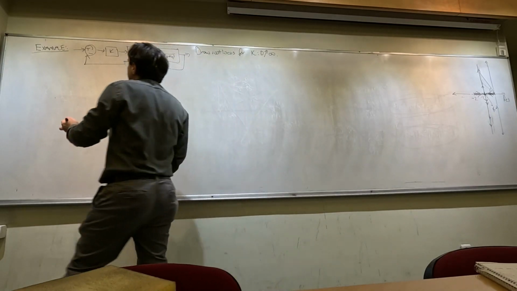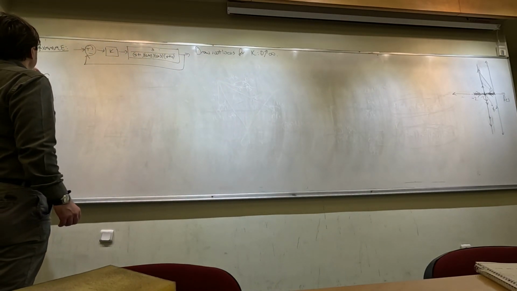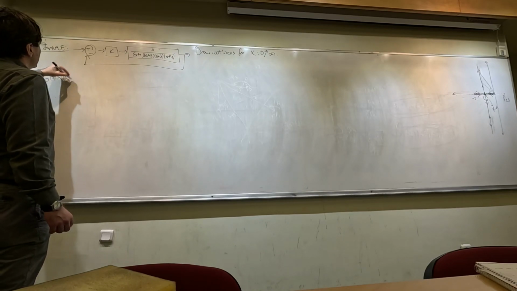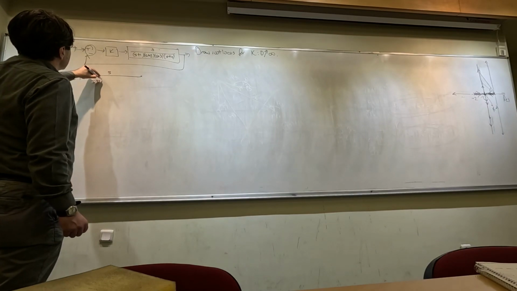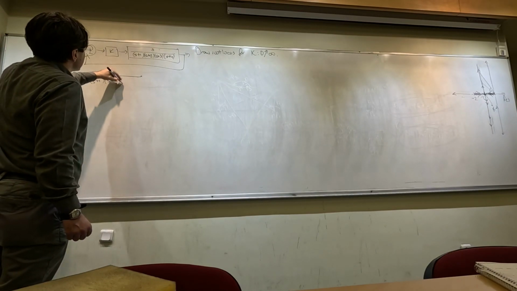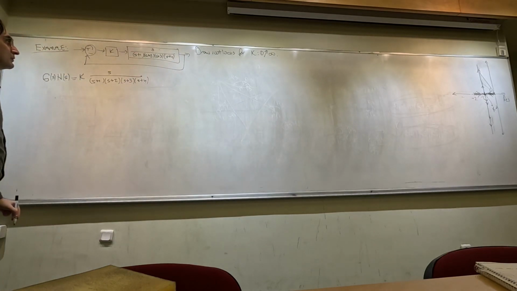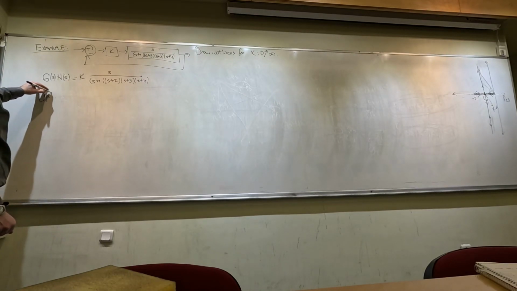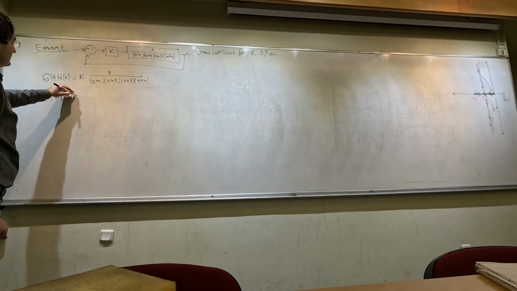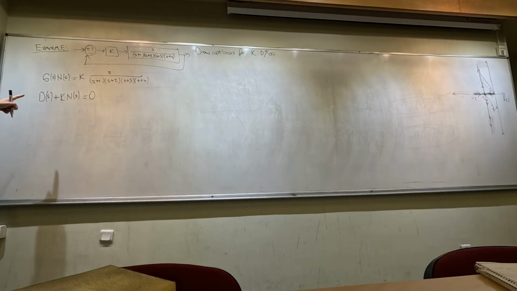So here let us look at the equation. I have here the open loop transfer function, g of s, h of s, in this case is k times s over s plus 1, s plus 2, s plus 3, s plus 4. And I can also write the condition d of s plus k n of s is equal to 0. This is the characteristic polynomial. Okay?